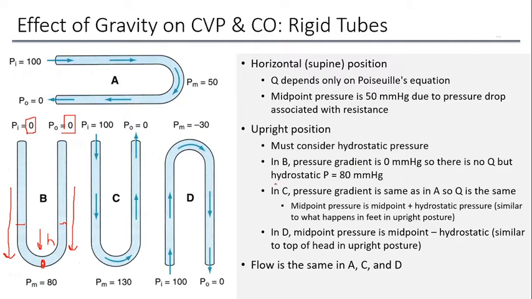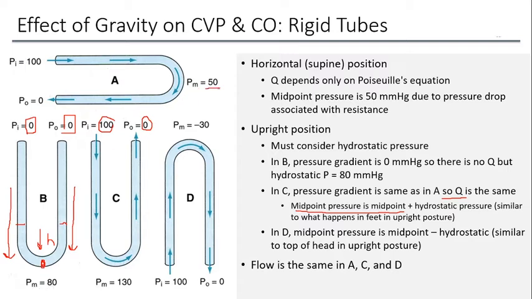But let's say now you have, in scenario C right next to it, a starting pressure of 100 and an ending pressure of 0. Well, that means the blood flow is going to be the same as A, right? So basically the flow is going to be the same, but what you are going to see is a difference in that midpoint pressure, because now we have to add the hydrostatic pressure.